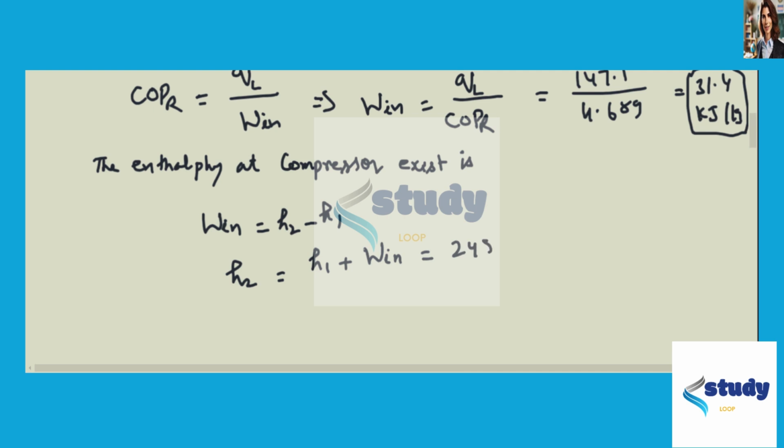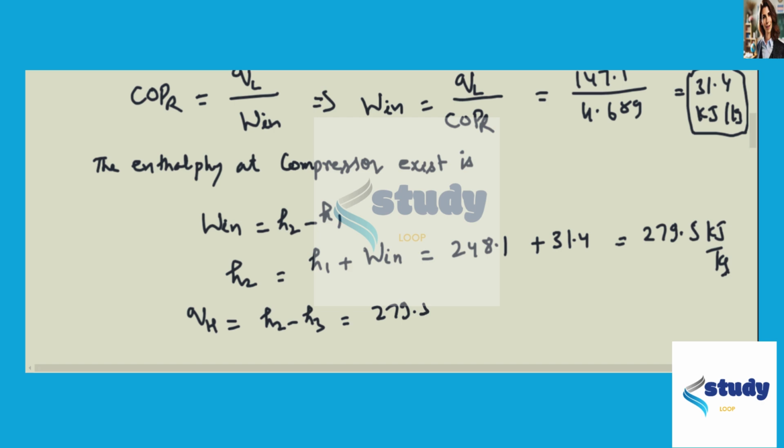H1 is given 248.1 and work input is 31.4. So you will get 279.5 kilojoule per kg. The heat rejected from refrigerant in condenser, that is heat transfer at high temperature, H2 minus H3, 279.5 minus 101, that is 178.5 kilojoule per kg.